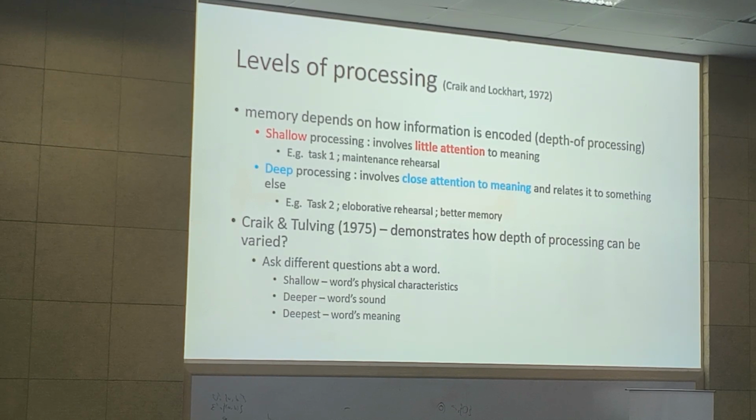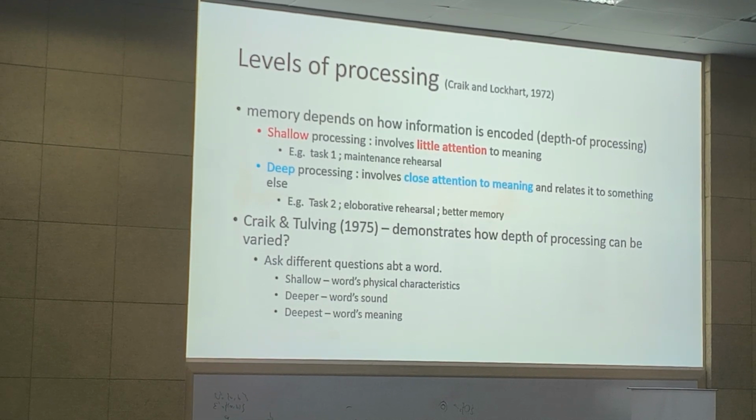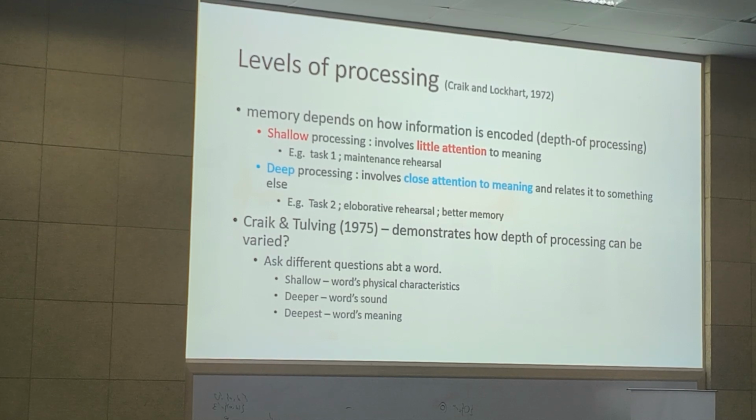Okay, encoding is basically saving information in our mind. So one is called shallow, another one is deep processing. Shallow is when you just refer to certain words, for example. Deep processing is maybe the sound, and deepest processing is the meaning.